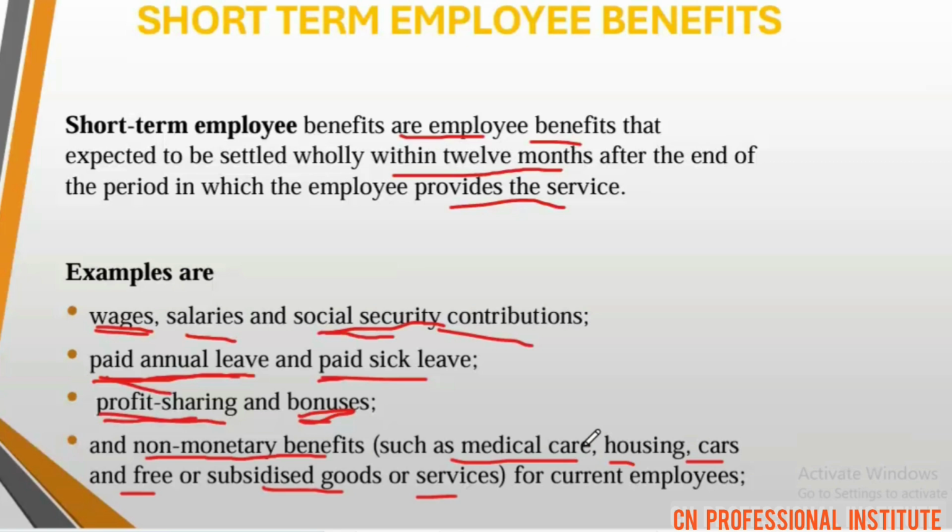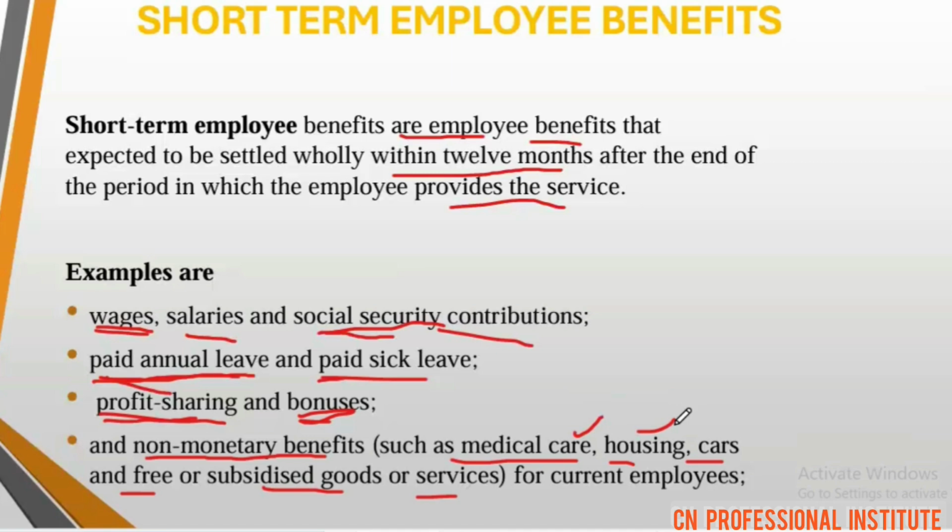With medical care, housing, cars and so on, probably taxation, right? When you go to your non-cash allowances, we look at the rent element, the accommodation, the car element, like fuel, where the entity provides car, fuel, driver, they are all benefits.